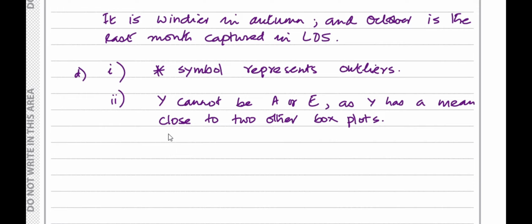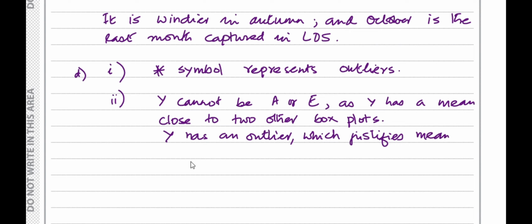Okay, so Y has an outlier, which justifies mean greater than 7.